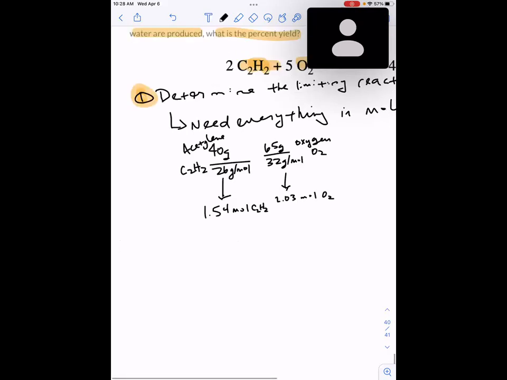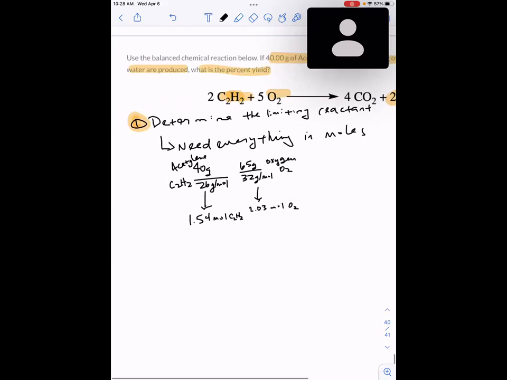So we can't determine the limiting reactant until we first get all of our given numbers in moles. That's because we're going to use the stoichiometric coefficients and the desired product to figure out how much product we're going to get. So let's start with acetylene.